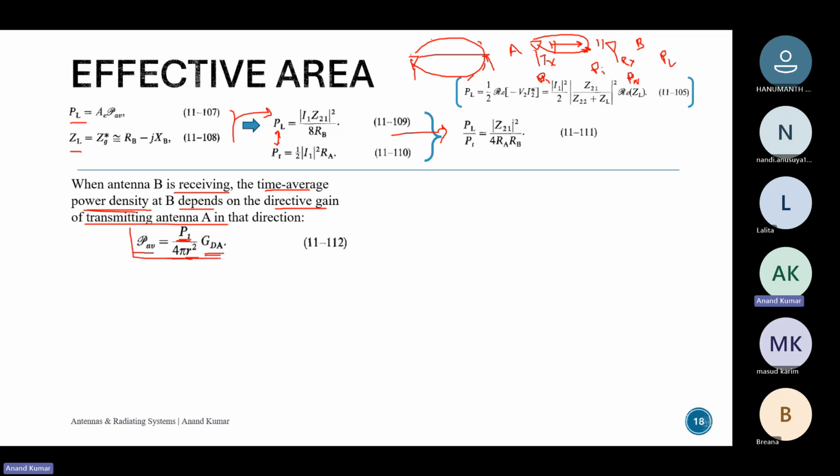So this is the expression for PAV. And now using 12 and 7, we have PL over here and we have PAV over here.